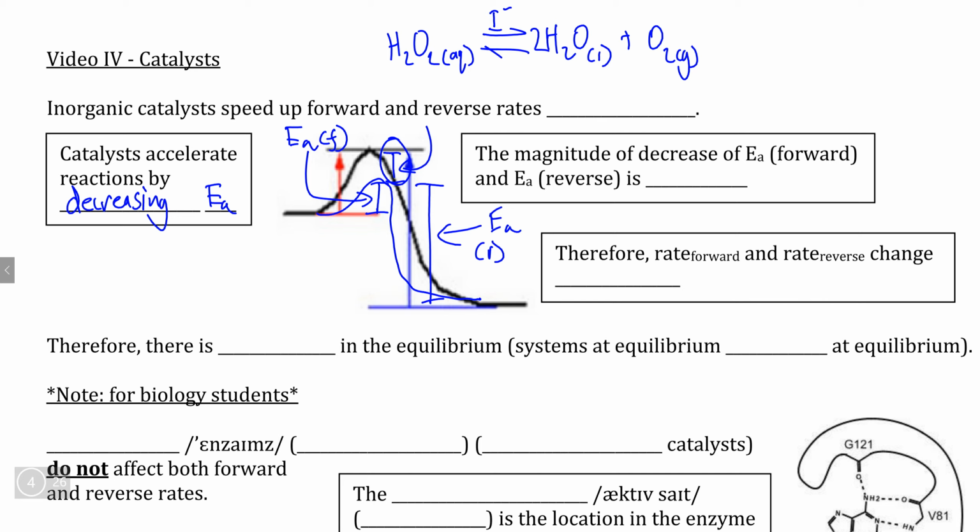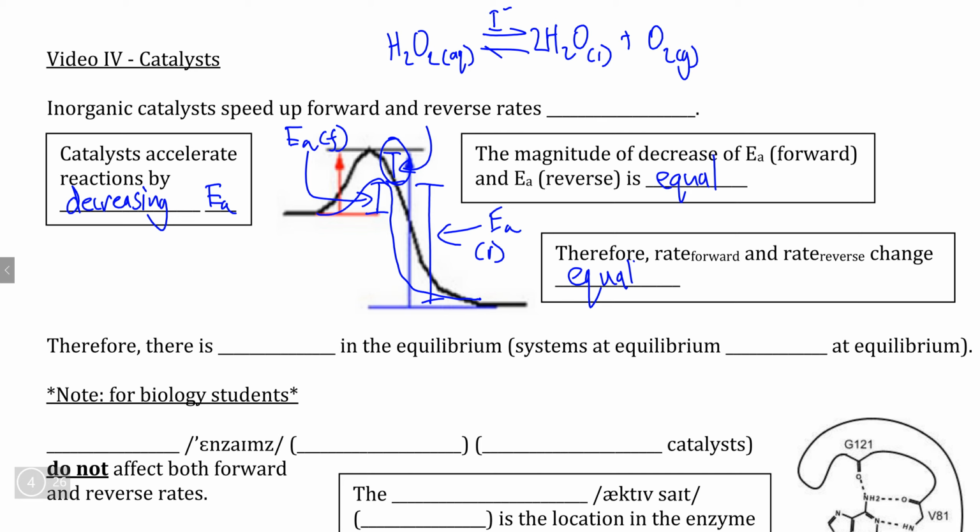Now, if the magnitude of decrease for both the activation energy of the forward and reverse reactions is equal, that must mean that the effect on the rates of both the forward and the reverse reaction is also going to be equal.